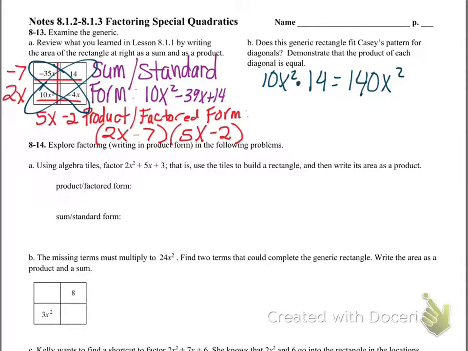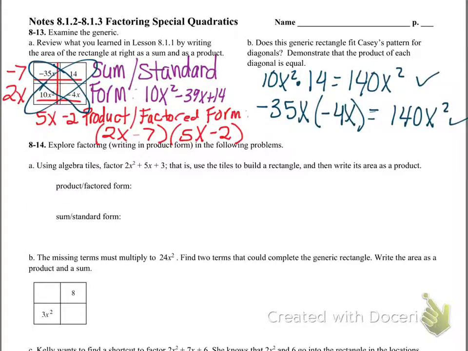So I'm going to do negative 35x times negative 4x, and, well, 35 times 2 is 70, and two 70s together would be 140. Two negatives make a positive. I got my 140x squared for both. So happy.